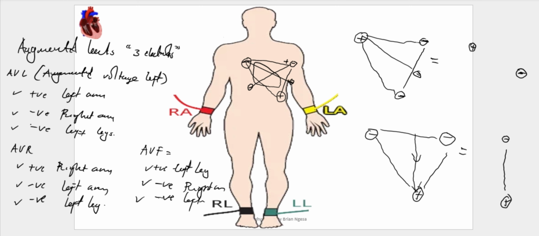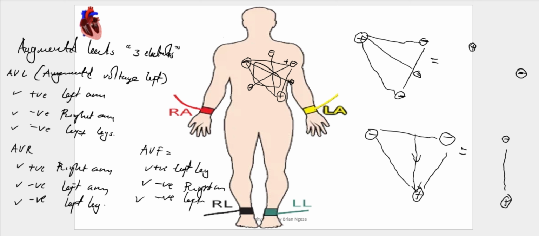So if you place this into context, you can have something like this, the positive and the negative. And of course, this is still the positive. So you are able to say lead 1, lead 2, lead 3, and also the augmented left, augmented right, augmented foot.